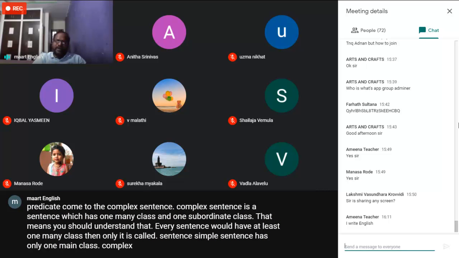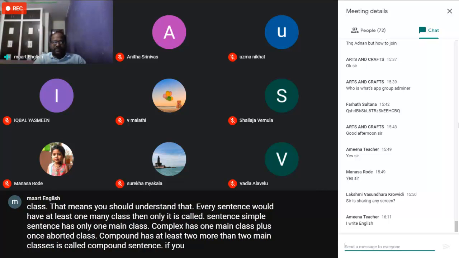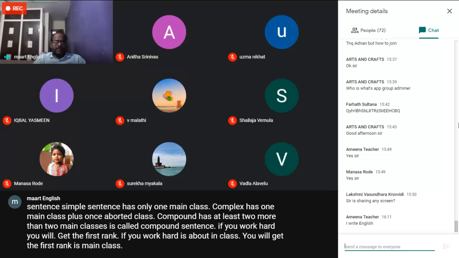Complex has one main clause plus one subordinate clause. Compound has two or more main clauses. For example: If you work hard, you will get the first rank. If you work hard is the subordinate clause, you will get the first rank is the main clause. So one subordinate, one main, it is a complex sentence.